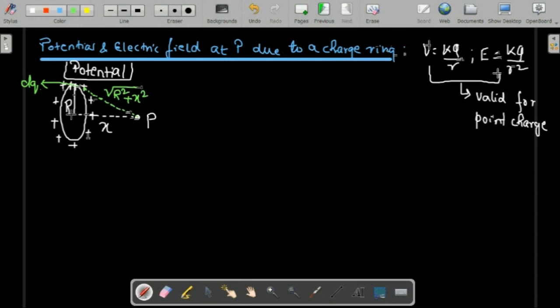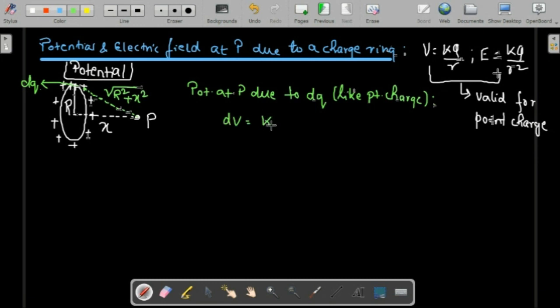We're going to find out the potential now. The potential at P due to dq, we can use the point charge formula, since dq is like a point charge now. So let's use our formula. Whatever potential we are going to have here is a very small potential, so let me write it down as dv because it's because of a small charge.